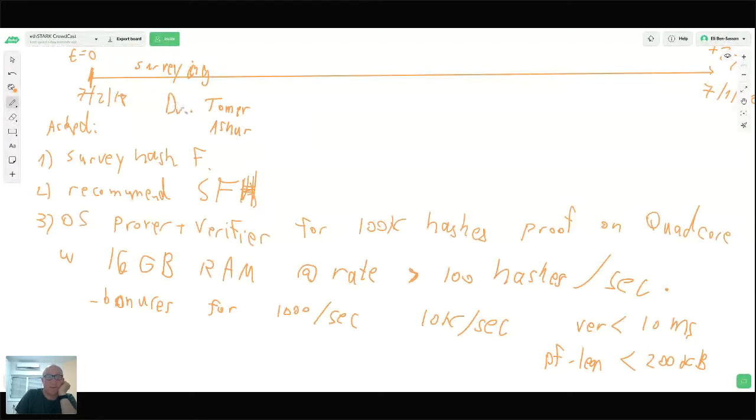So we contacted him and said, can you please help us select the most Stark-friendly hash function, which means the one whose description in a system of polynomials, something David will explain later on, has very small complexity. Those of you who have attended previous talks in this series roughly know what I mean. Others who have dabbled in R1CS systems also know what I mean. It means that the number of constraints you need to describe one iteration of the hash is low.